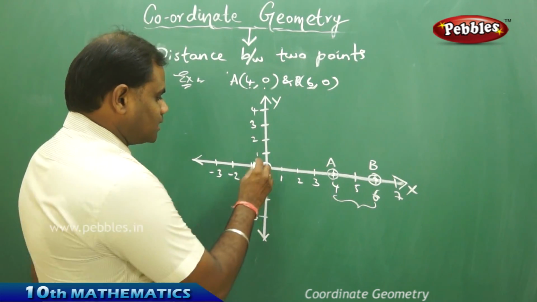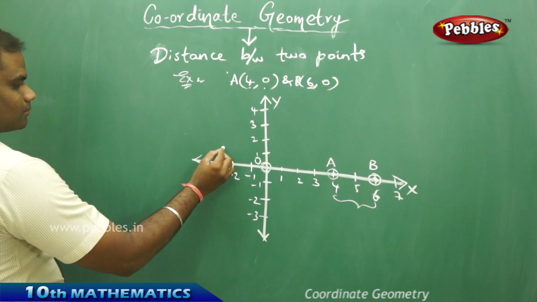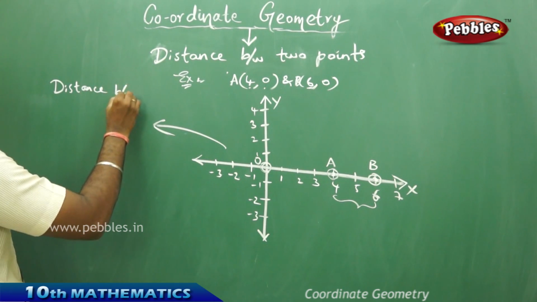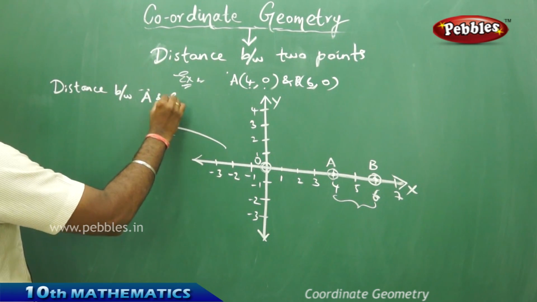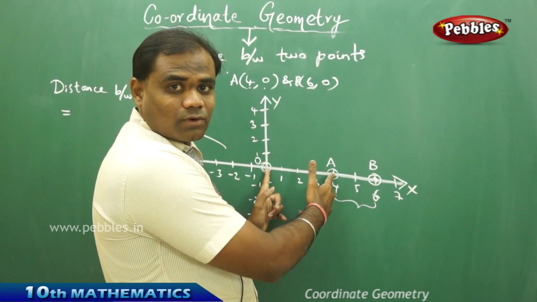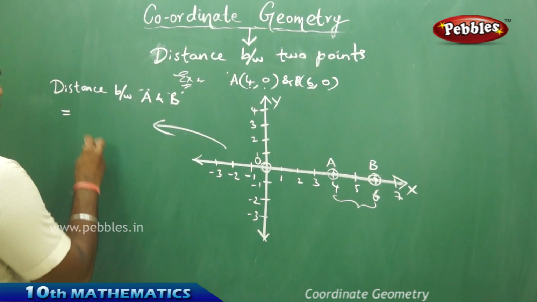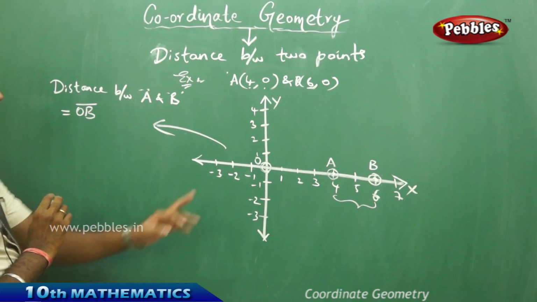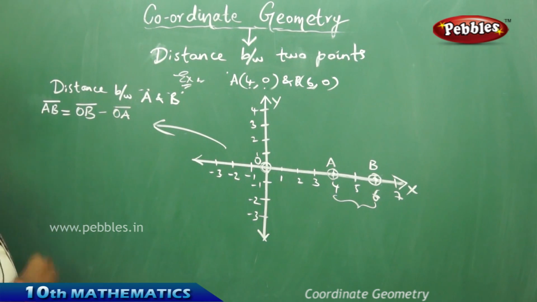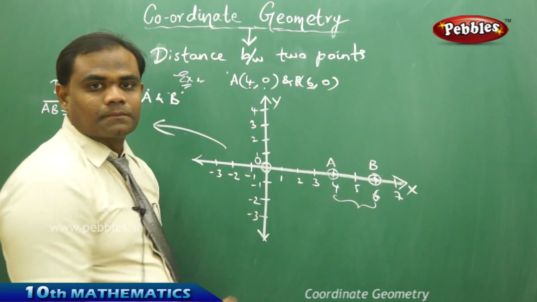If I take this as O, then from the diagram I can make out that the distance between A and B is the distance from O to B minus the distance from O to A. Geometrically, OB minus OA is AB, so AB equals OB minus OA.